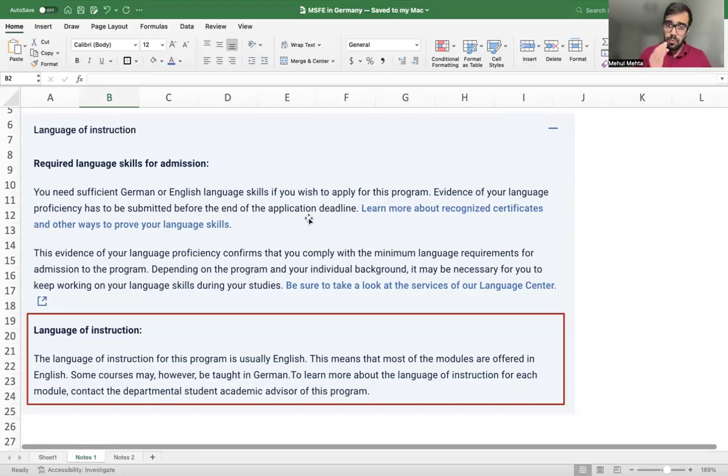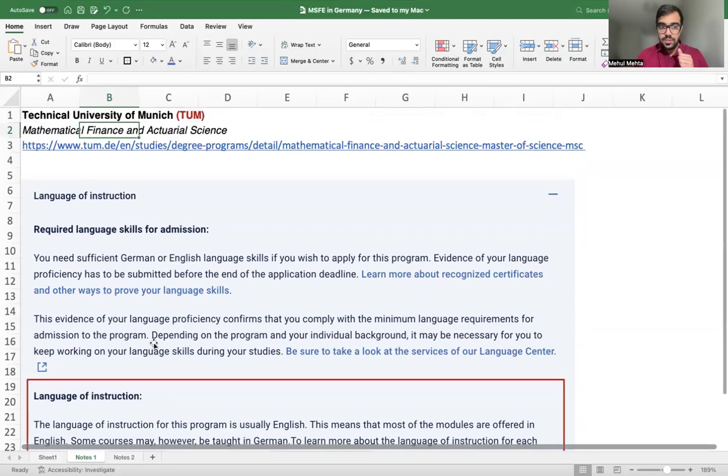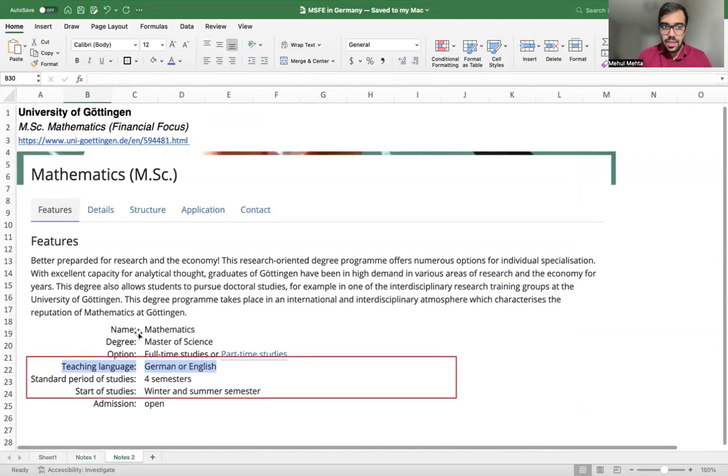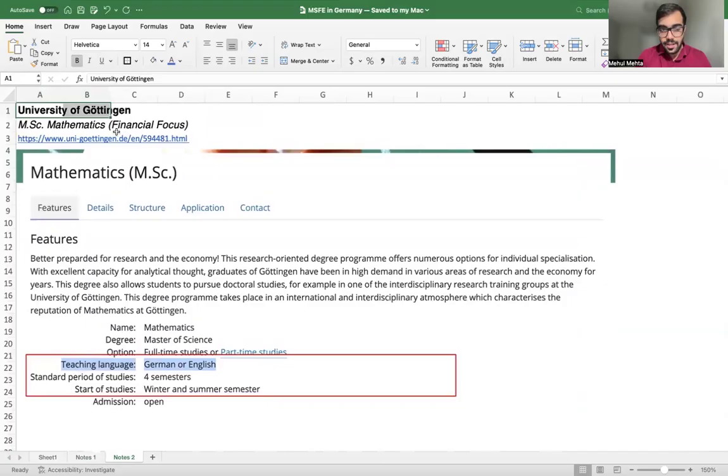So one of the most important takeaways is that you should know German to understand the subjects that are taught in German. Okay, that is very important. So this was the Technical University of Munich, which offers a master's in mathematical finance and actuarial science. Similarly, the University of Gottingen offers a master's in mathematics which is finance focused, and it says teaching languages German or English.